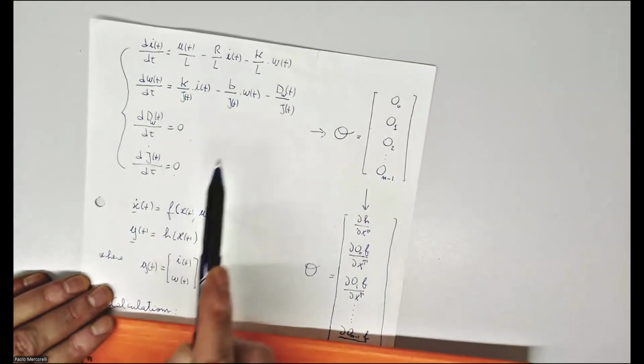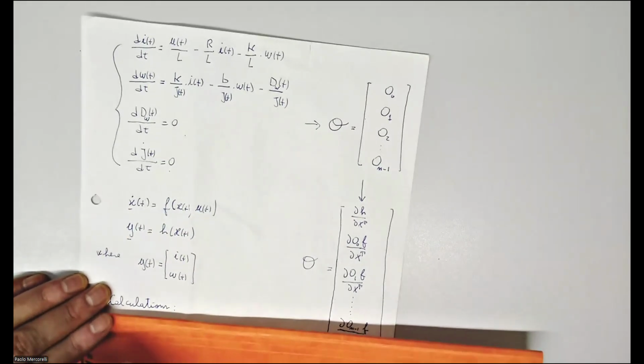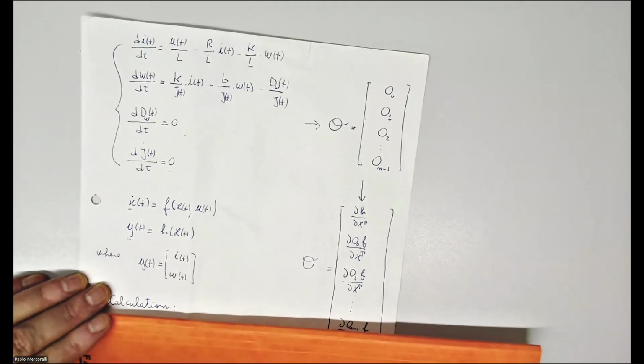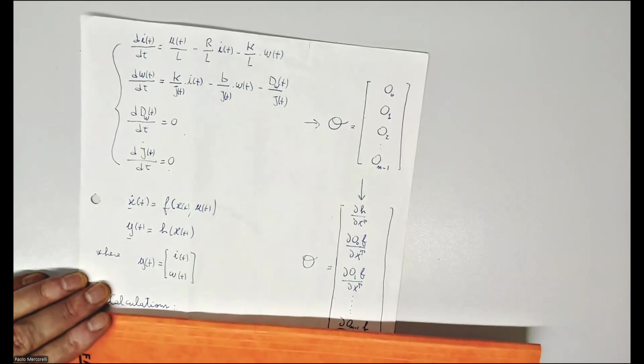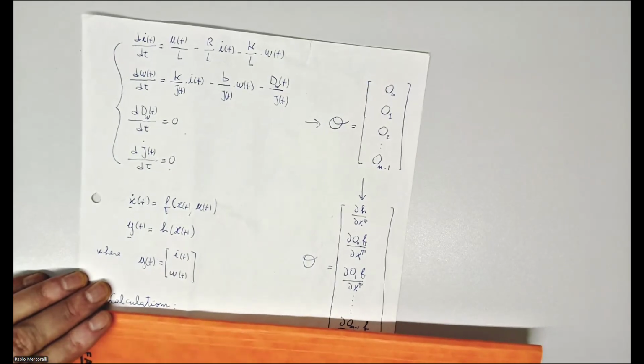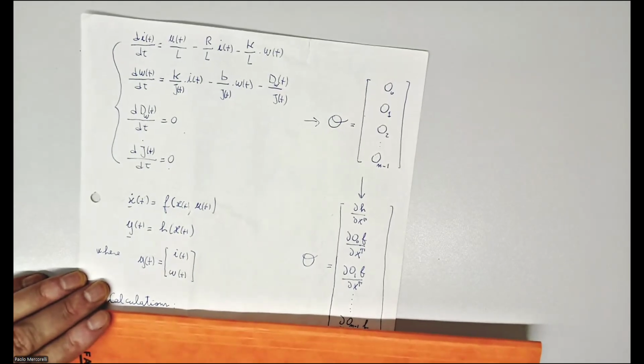Even though, as I told you, the estimation is again not so correct, because I measure the current and velocity, and I estimate current and velocity. Measurement is measurement, estimation is estimation.